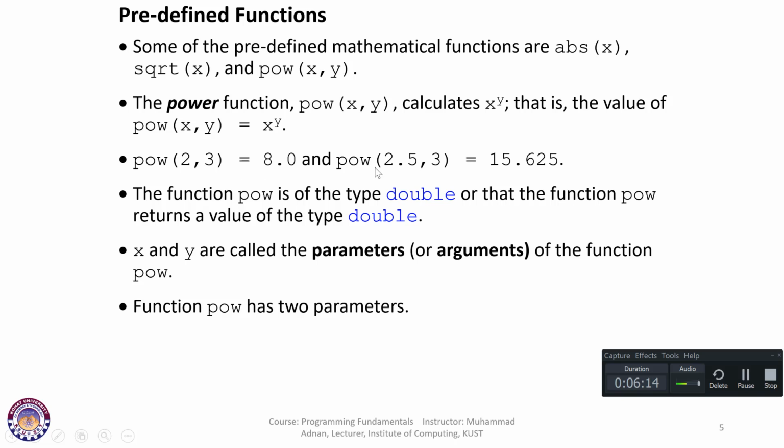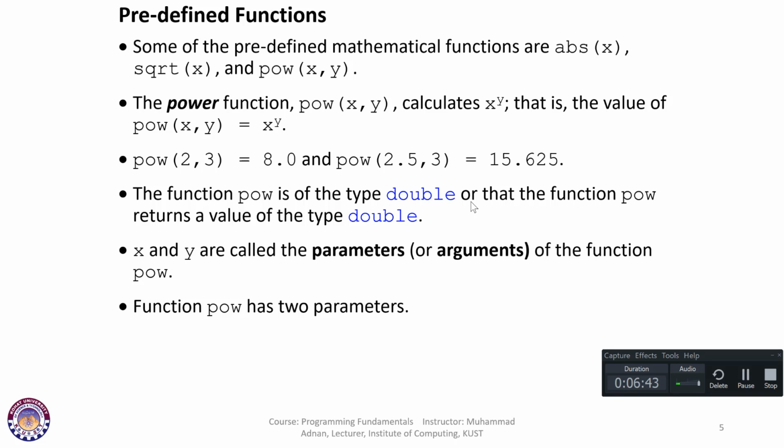pow(2.5, 3): the result will be 2.5 raised to the power 3, which is 15.625. So these are the built-in functions that you can directly use in your C++ program. The function pow is of type double, that is, it returns a value of type double.